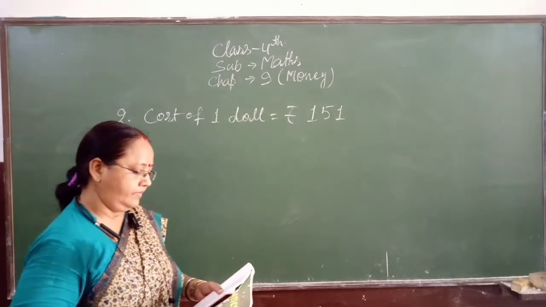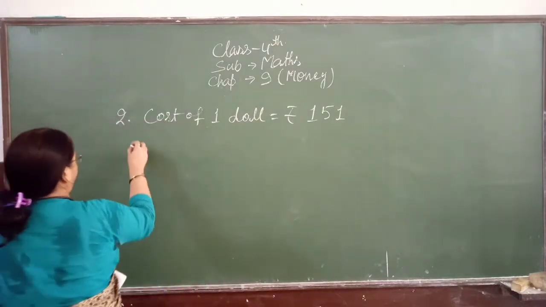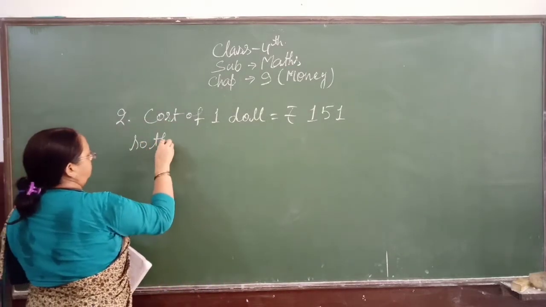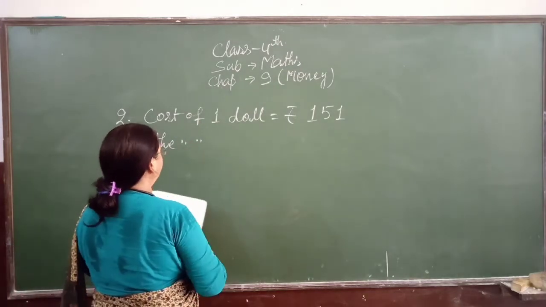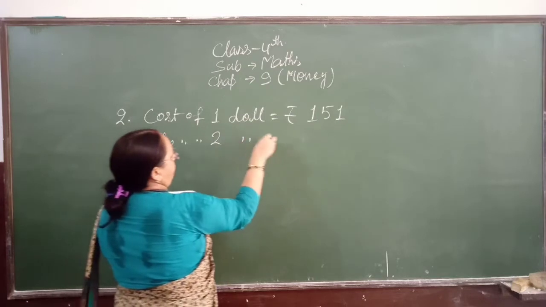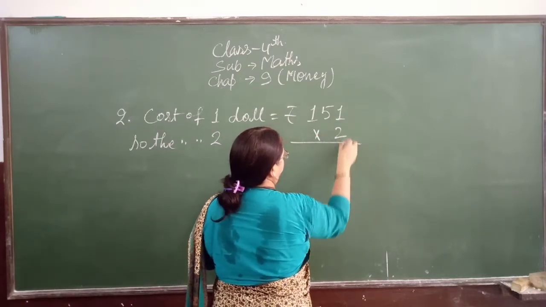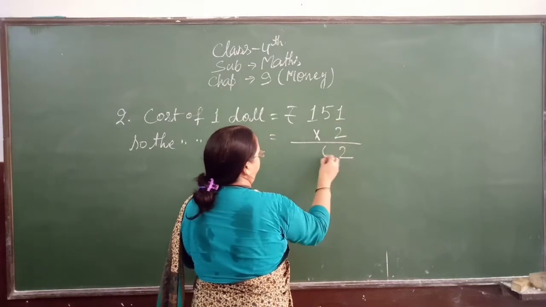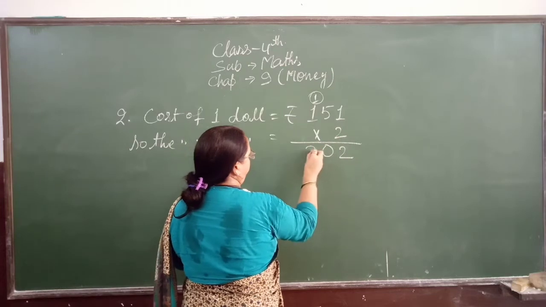Then how many? Arun bought 5 balls and 2 dolls. So the cost of 2 dolls, we have to multiply it here by 2, that is 2, 5 2 are 10, 1, 2 1 are 2 plus 1, 3.